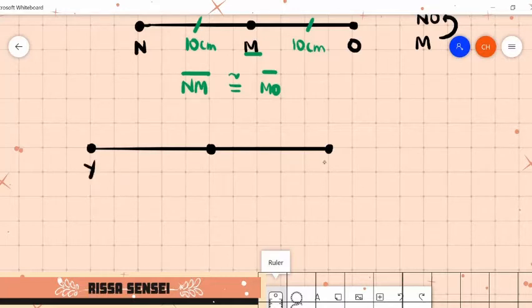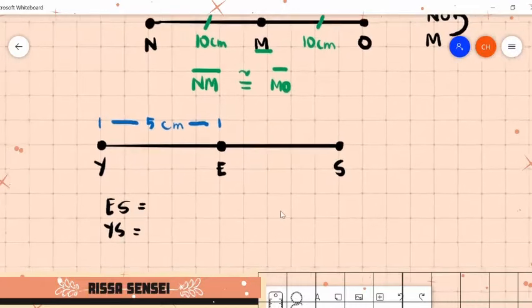Bago ito ay Y, and this is S, and the midpoint is E. If segment YE measures 5 centimeters, what is the measure of the following? What is the measure of ES? And what is the measure of segment YS? Sige nga.